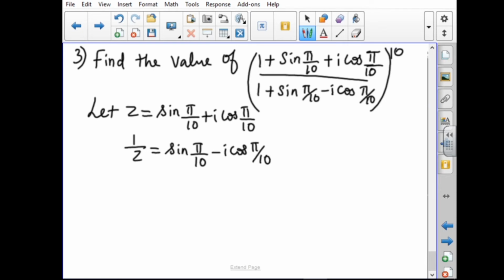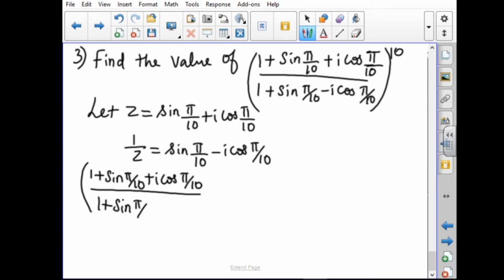So for the given problem, we can substitute Z in the numerator and 1 by Z in the denominator. So the given problem is equal to (1 plus Z divided by 1 plus 1 by Z) whole to the power 10.